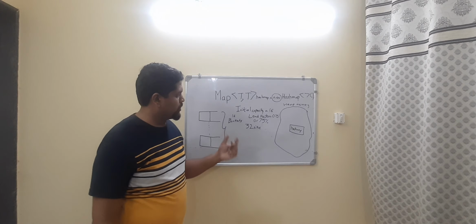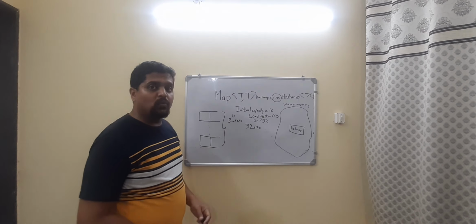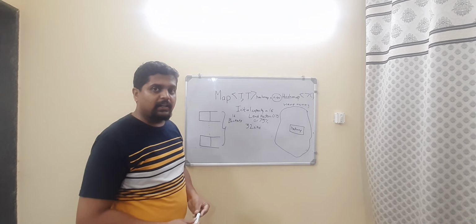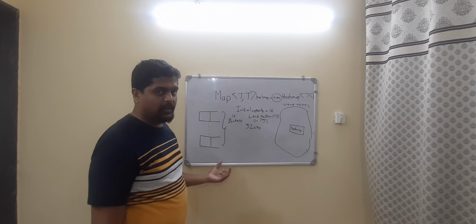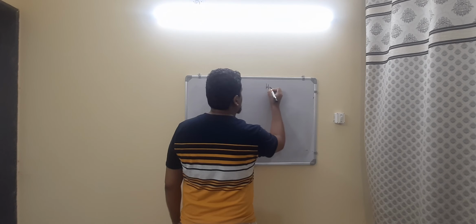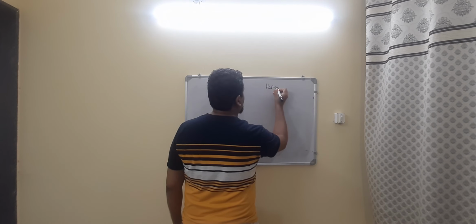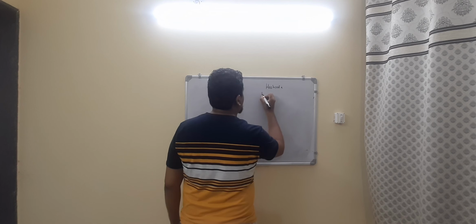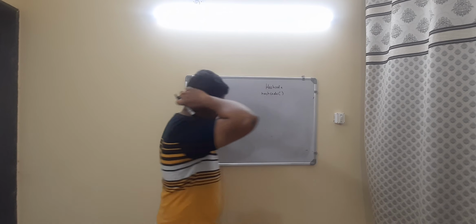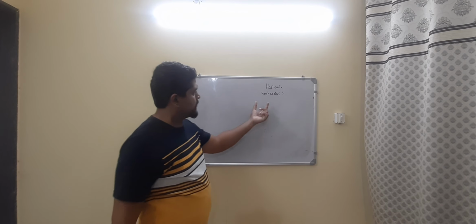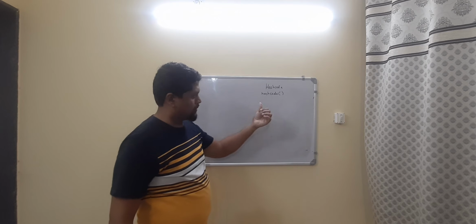Now comes the important part: how the HashMap identifies when and where to store that specific node in these 16 buckets. So basically HashCode is that integer that is generated using some algorithm.